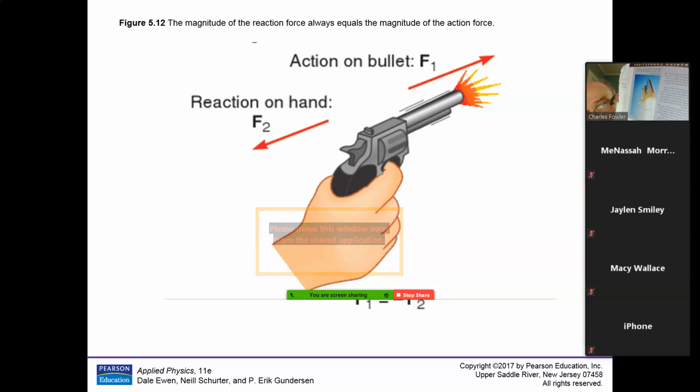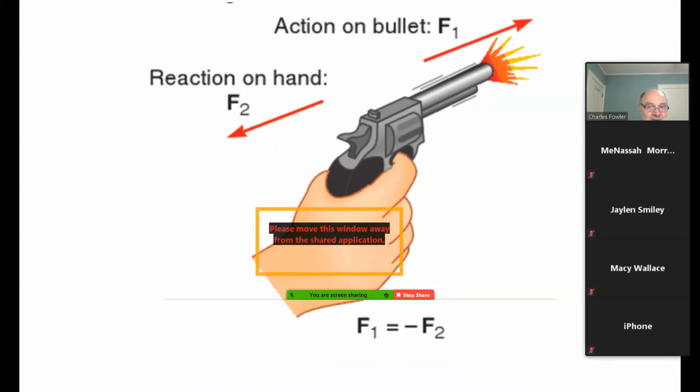The exhaust pushing upward on the booster is the reaction force. That's why rockets work.